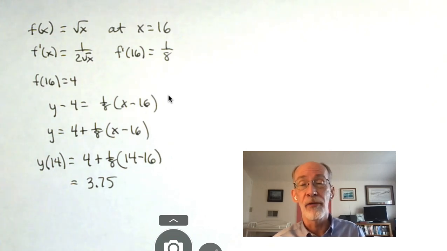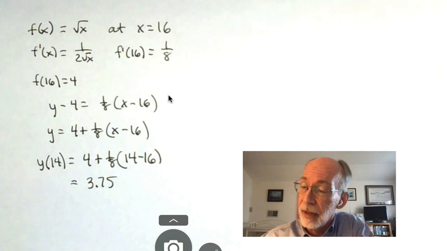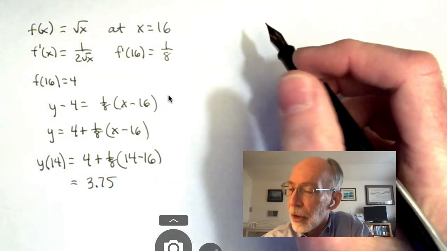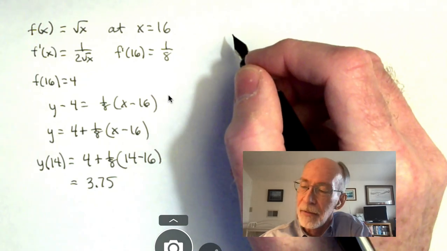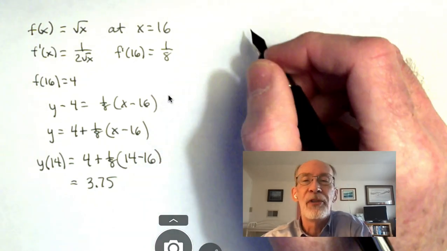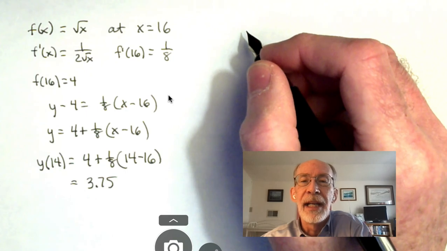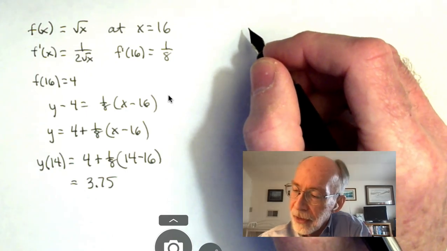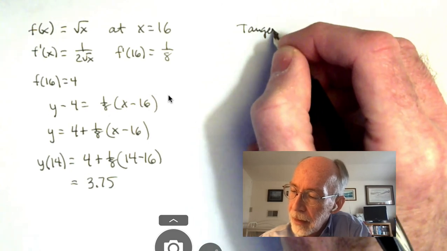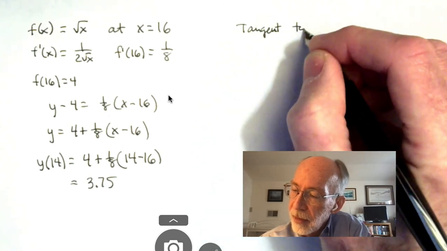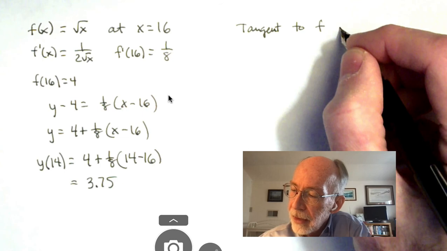For the record, there are formulas, and we should talk about how that looks. You almost don't need to know them in order to use this process successfully, but just for the record, the tangent to the graph of f at some value of x equals x naught, I'll write it down, tangent to the graph of some function f at x equals x naught.